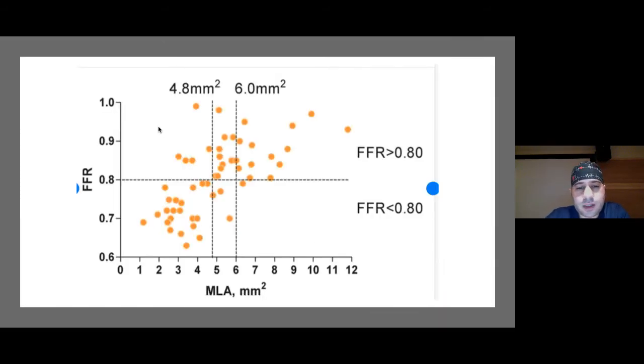If you look at their data here, you'll see the plot between FFR and the minimum lumen area. They concluded that if your MLA is less than 4.8, then you're more likely to have a significant left main FFR, whereas if your MLA is greater than 6, you're more likely to have an FFR that is negative. It becomes difficult to assess lesions in the intermediate range between 4.8 and 6.